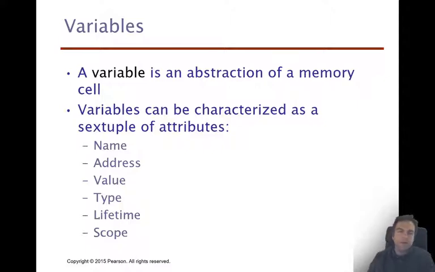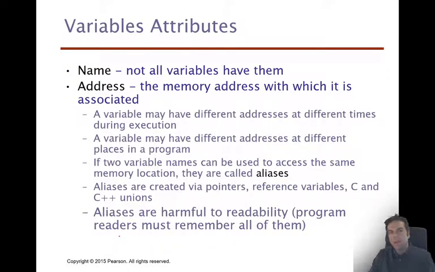The lifetime of a variable is really at what point we reserve a chunk of memory to hold that value, and at what point in time we release it. And then the scope, which is a rule for when a particular variable is visible or invisible, inaccessible in your program. Again, not every memory location has a name per se.